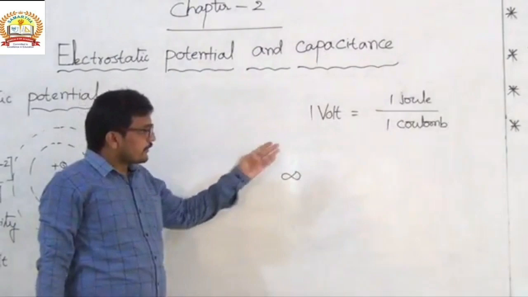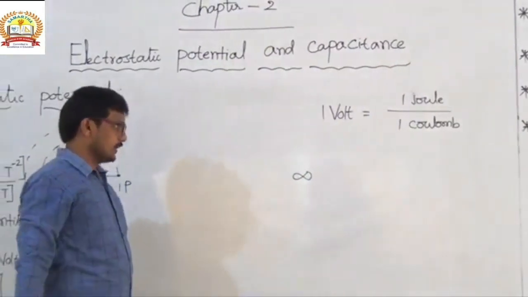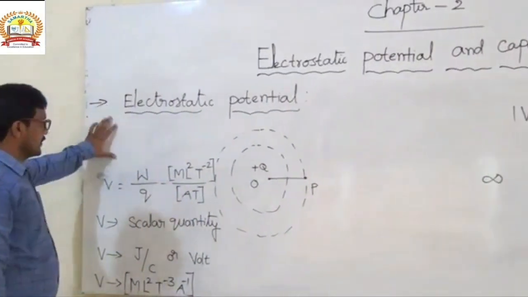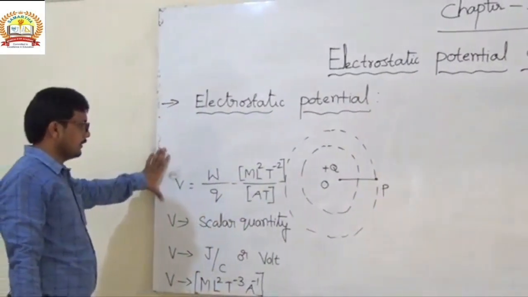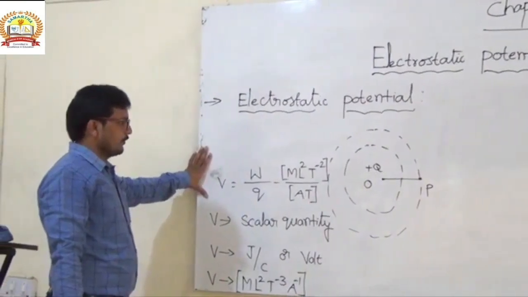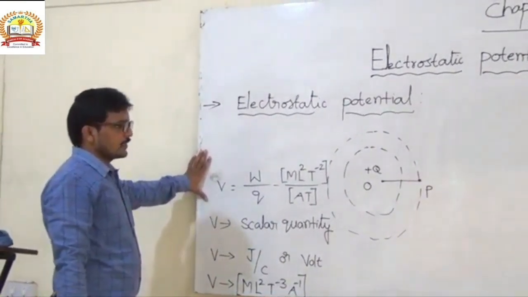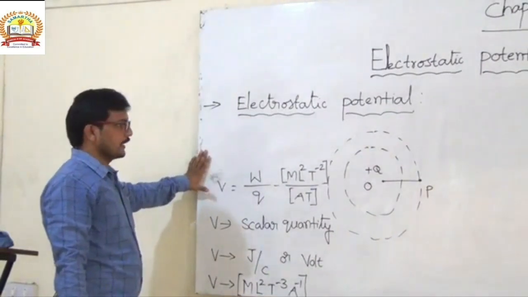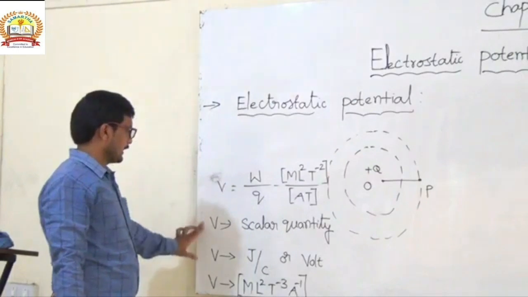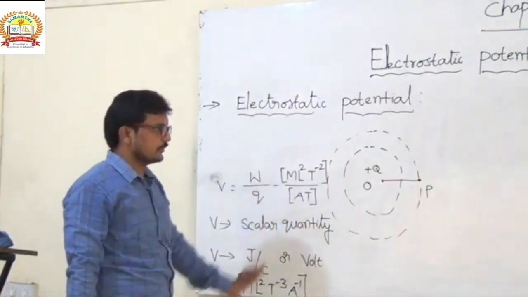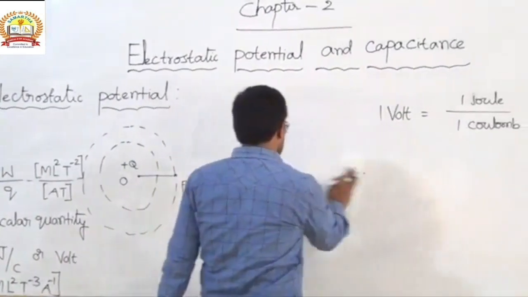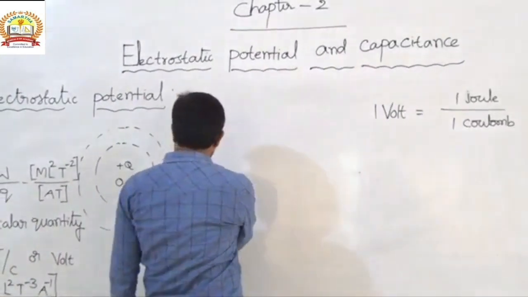And we can define the potential difference also. Now we know about the electrostatic potential. Mathematically, the electrostatic potential is the work to bring the charge from infinity to the given point against the electric field, measured in volts, and it is a scalar quantity. And what is the potential difference?